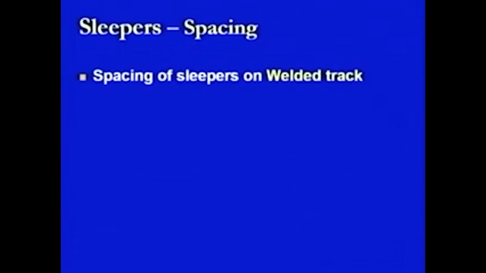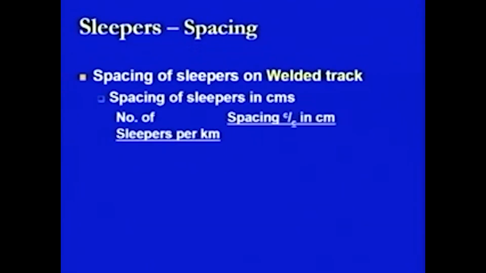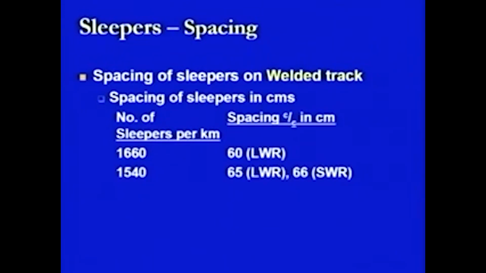Similarly, in the case of the welded track, the value is defined in terms of 1660 sleepers per kilometer length, and the spacing is 60 centimeters in LWR. If it is 1540 sleepers per kilometer, then the spacing is 65 centimeters in LWR and 66 centimeters in SWR. And if it is 1310, then the spacing is 78 centimeters in SWR.